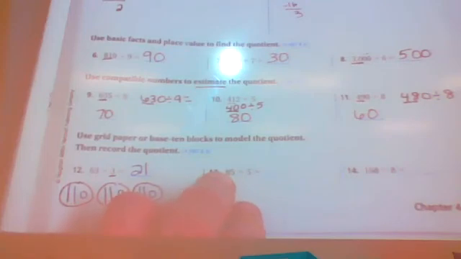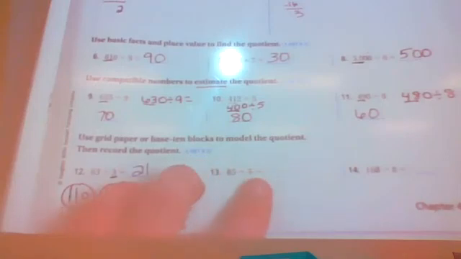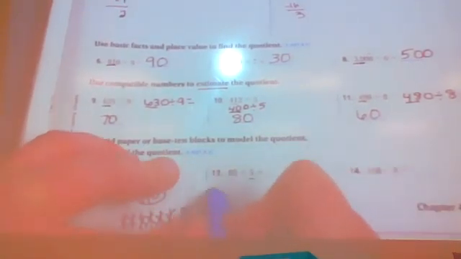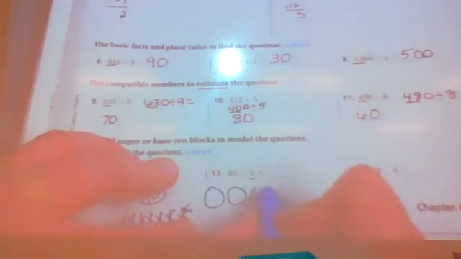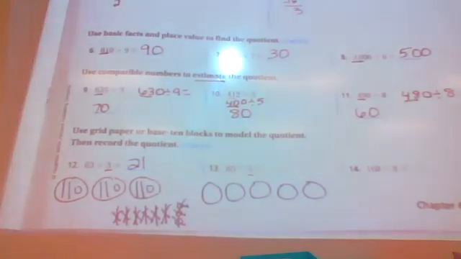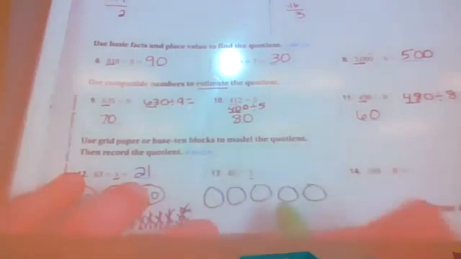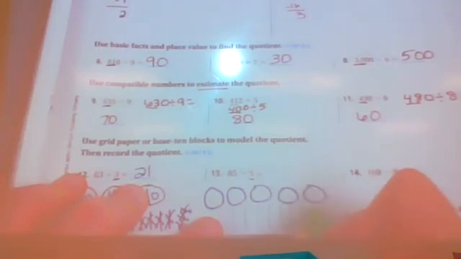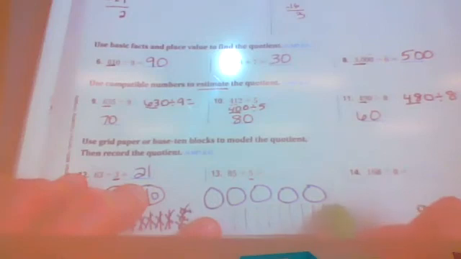Now, if we were to use base 10 blocks, my divisor is 5, so I need 5 circles. 1, 2, 3, 4, 5. Base 10 blocks, I have 85. 10, 20, 30, 40, 50, 60, 70, 80. Then I have 5 ones. 1, 2, 3, 4, 5.